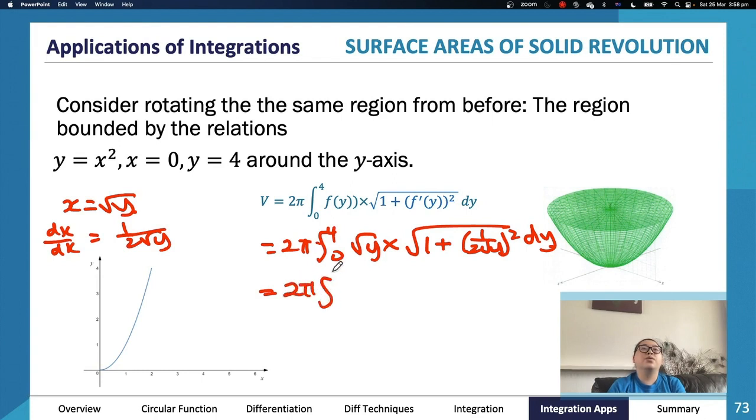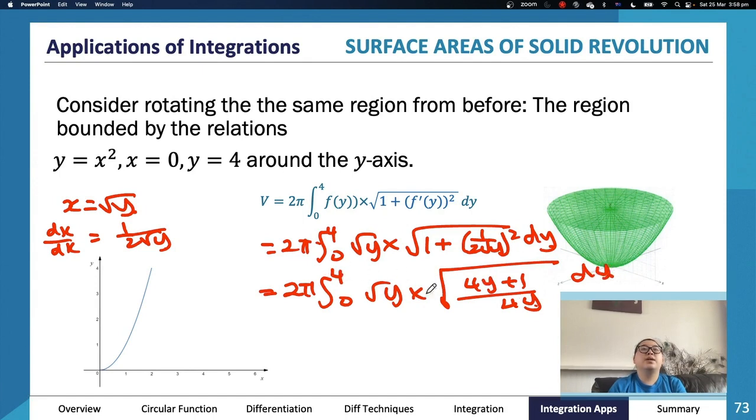So we get 2 pi from 4 to 0, and this is going to be root y times, this is going to be a 4th y, right? So in order to compensate, you're going to get 4y plus 1 over 4y, dy.